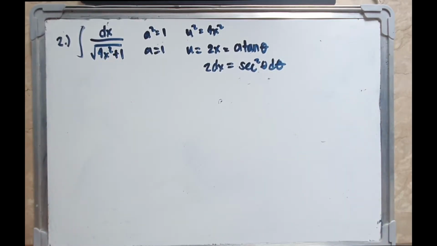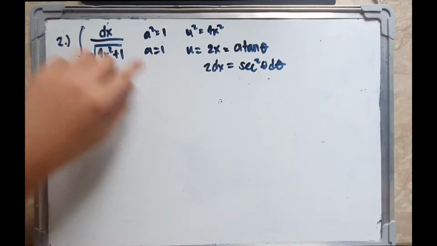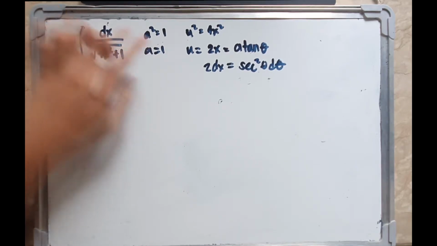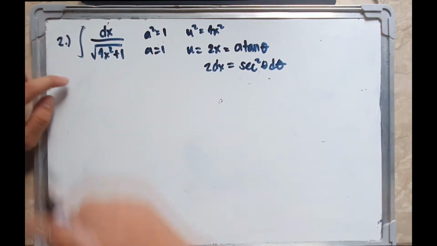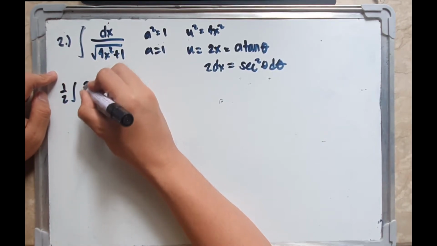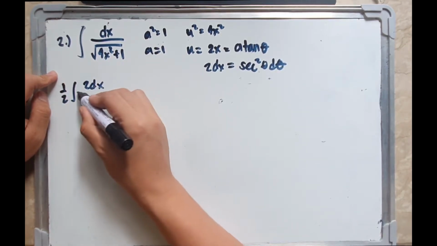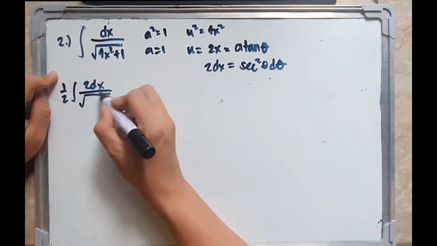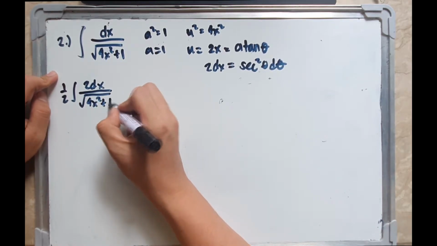Okay, first we will be completing this one. We need to have 2 right here since we have 2. So let's correct this with 1/2 integral of 2 dx all over the square root of 4x squared plus 1.